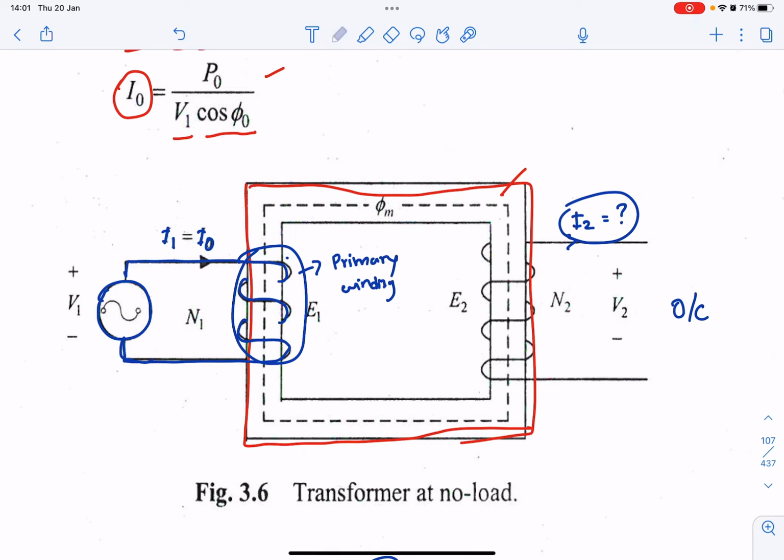Here you have completed the circuit on the primary side, because on the secondary side it is open circuit. You open the circuit, so there will be no current flowing at the secondary side. So you do not have current at the secondary side, and we can give this one 0.